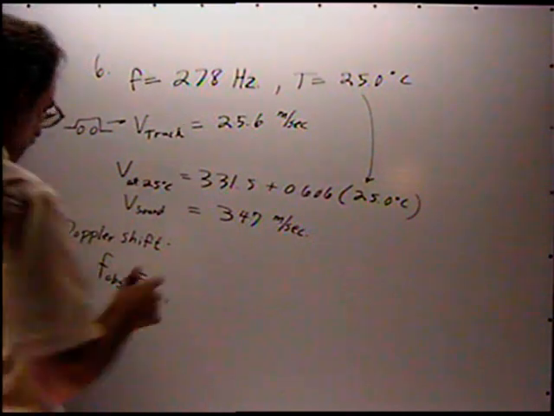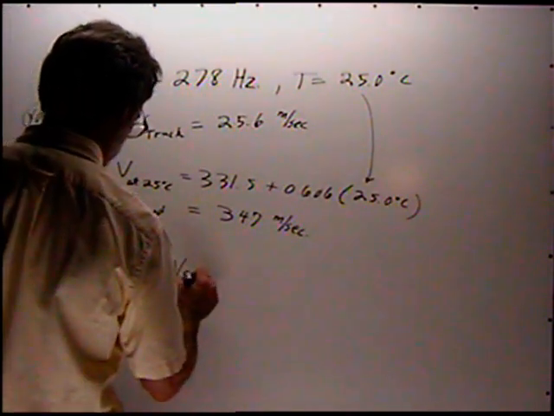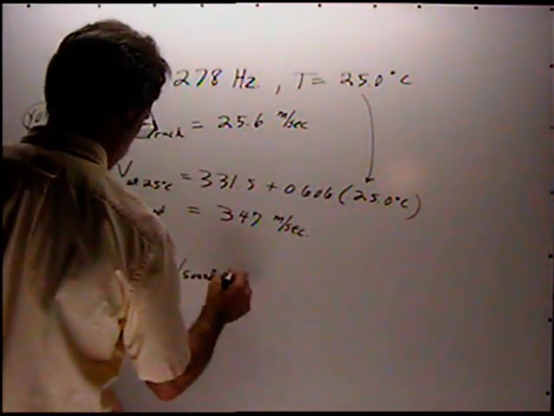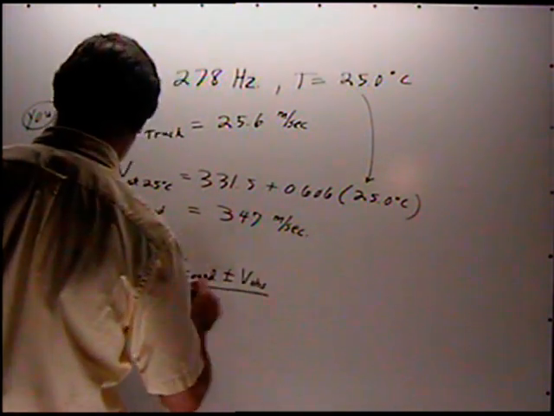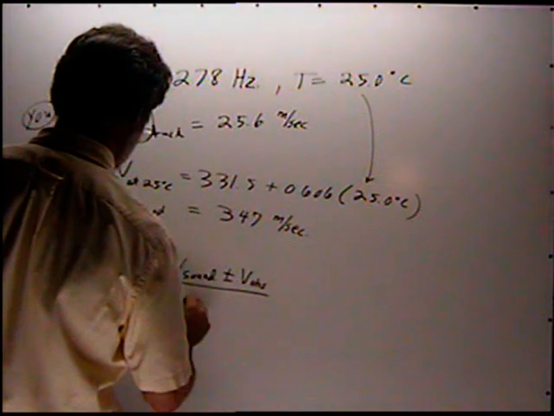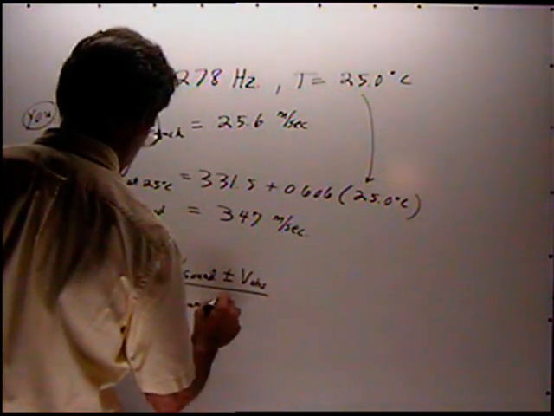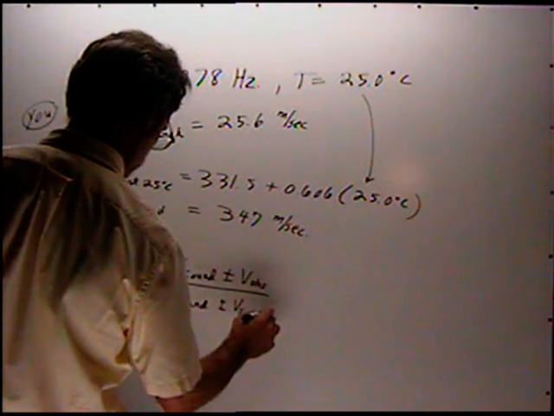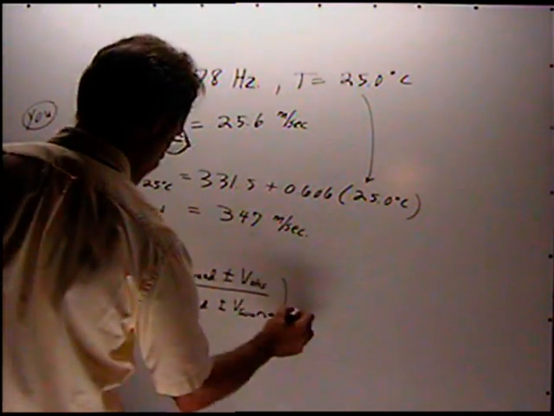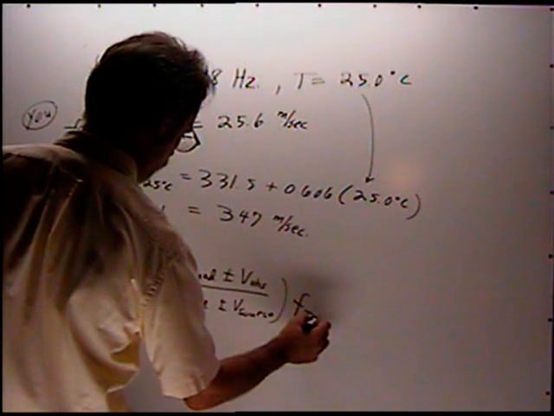It's the velocity of the sound plus and minus the velocity of the observer, divided by the velocity of the sound plus and minus the velocity of the source, times the true frequency. Okay.